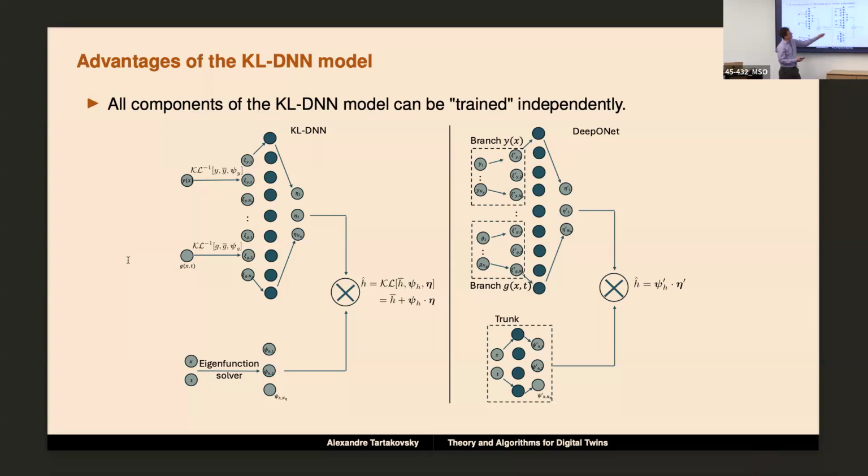And then we can actually split this big branch neural network into parts. We can isolate this part, which is here, and then we need a training data set to train this neural network. Again, we obtain it by applying inverse KL operators to our full data set. Again, this can all be done as a pre-processing step.